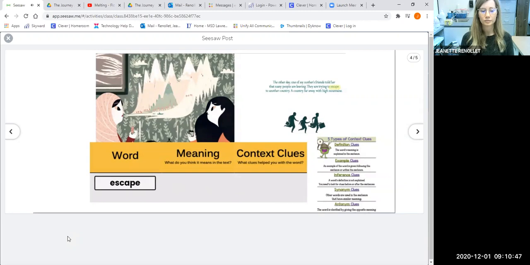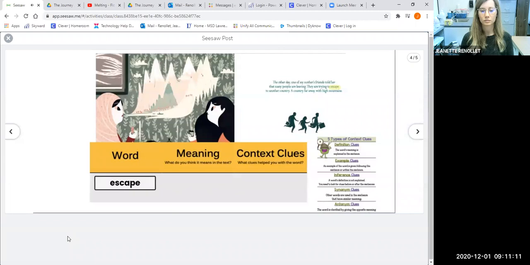They are trying to escape to another country, a country far away with high mountains." The word we're looking at today is escape. I need to determine the meaning of this word using context clues.